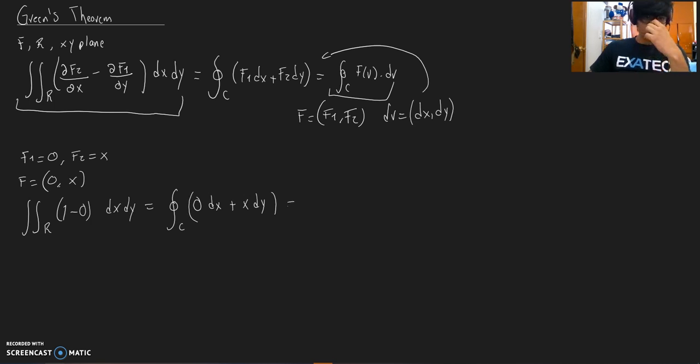That will be equal to the double integral over the bounded region of dx dy, equal to the integral in the closed curve of x dy.